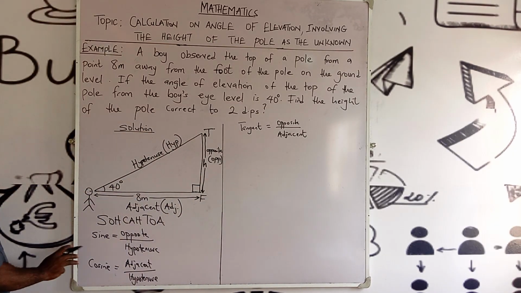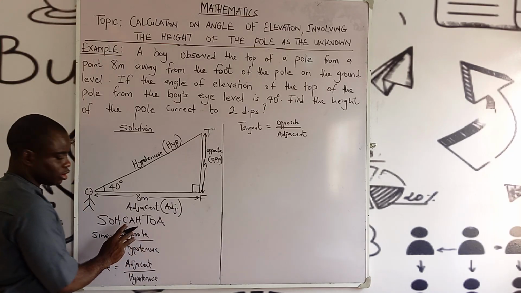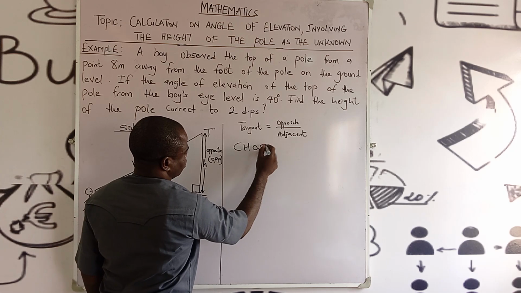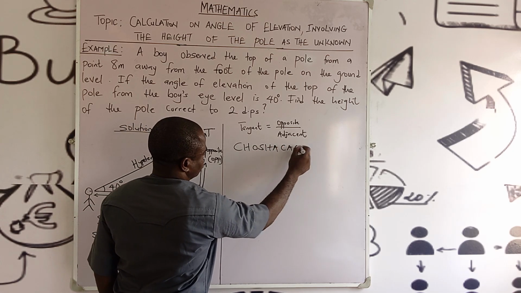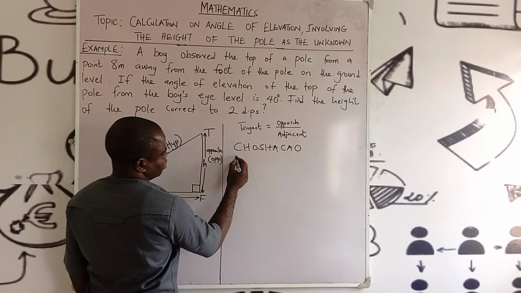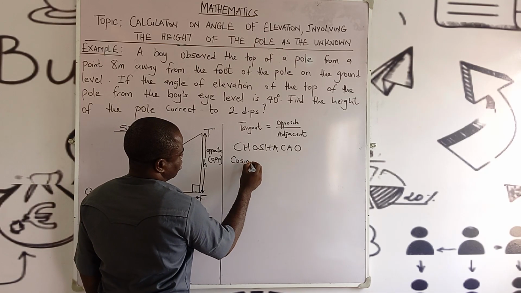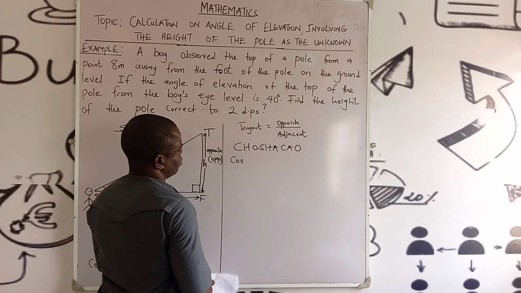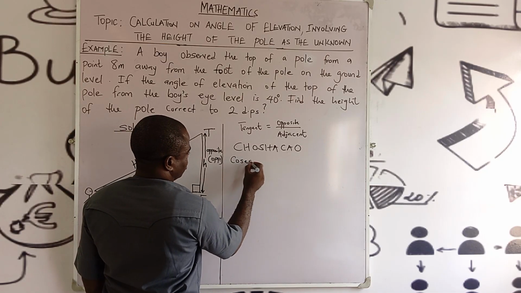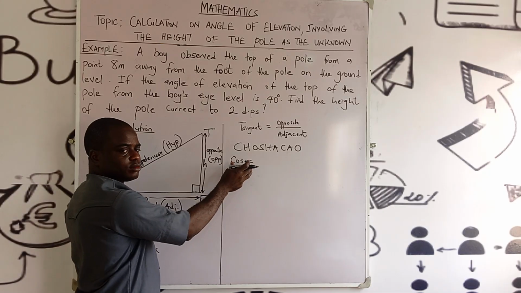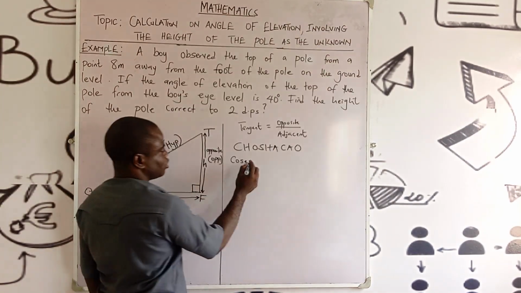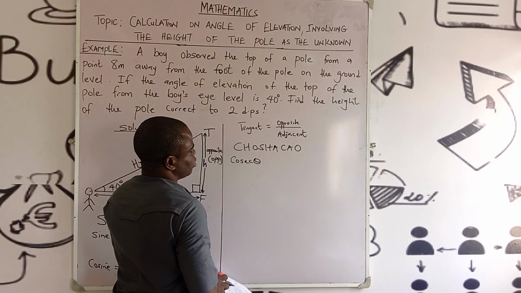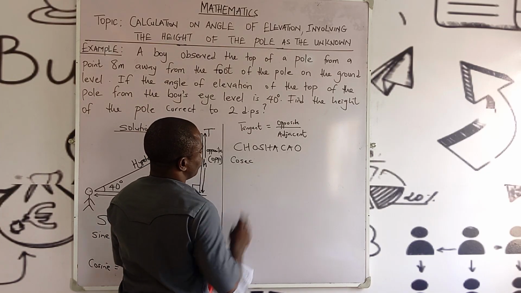And we still have another set which is not common. Students, chose a cow, which is cosecant. It's another three trigonometric functions. Let me write it in full.